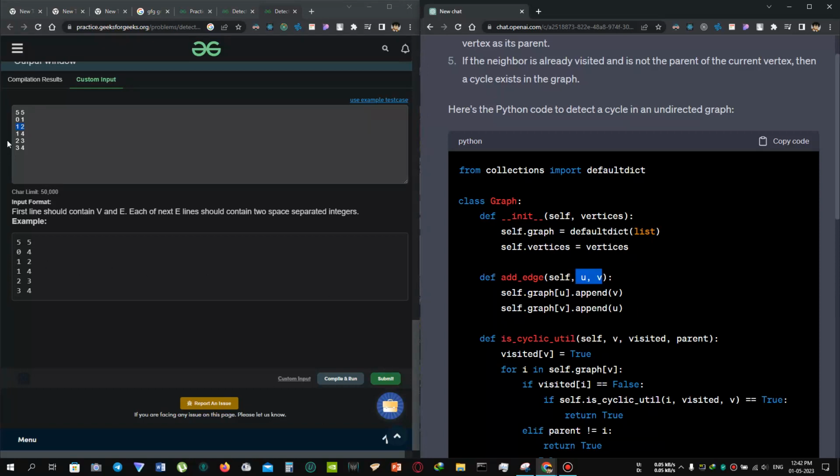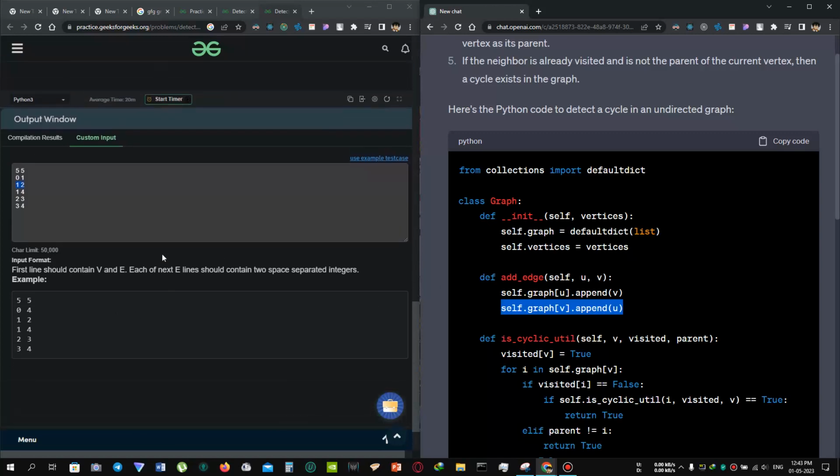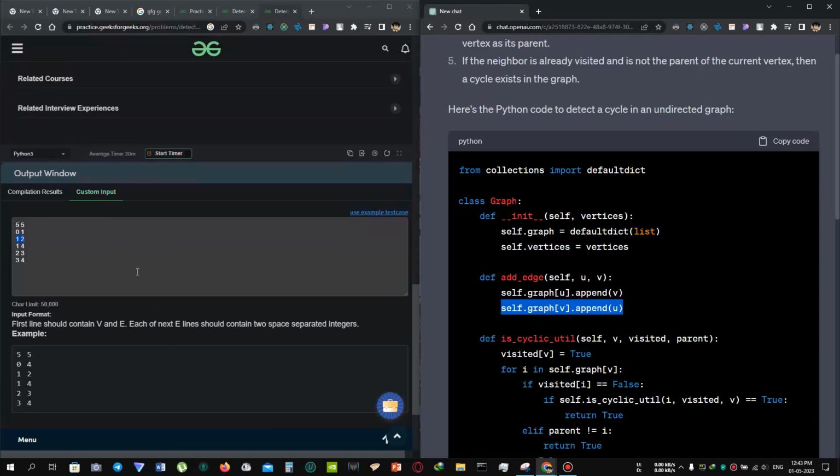If there is a path from 1 to 2, then u is 1, v is 2, and then they will also add 2 to 1, so v is 2 and u is 1. So that's how the driver code is working behind the scenes.